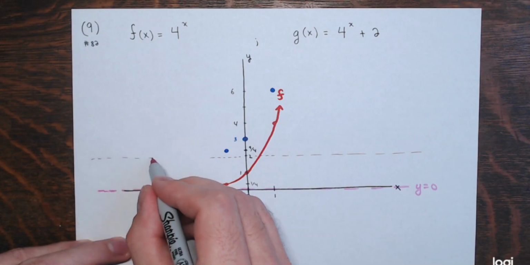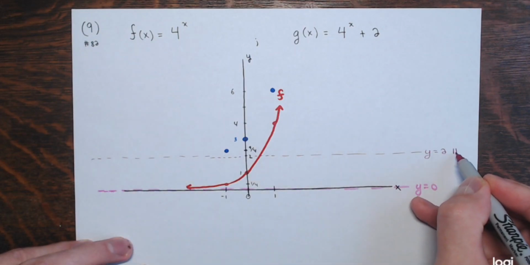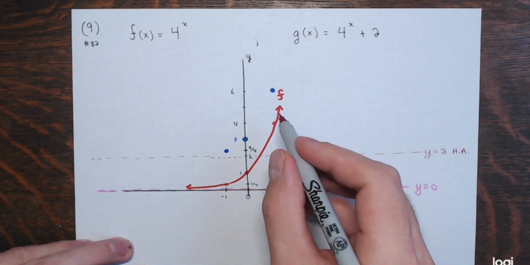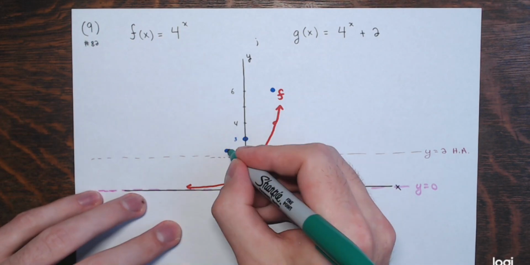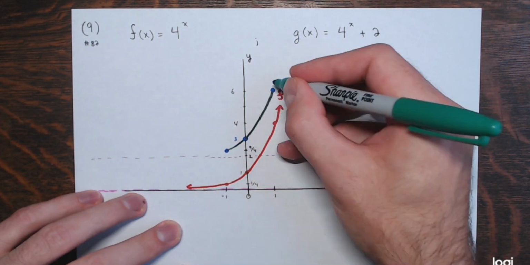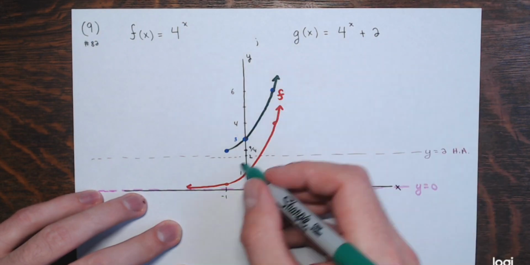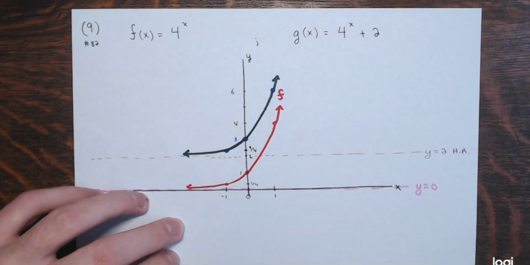I'm definitely going to put this on the Desmos site. y equals 2 is the horizontal asymptote for function g. So g looks like this. It looks exactly the same as f. My hand drawing is not great, because it should look exactly the same as f, just moved up 2 units.